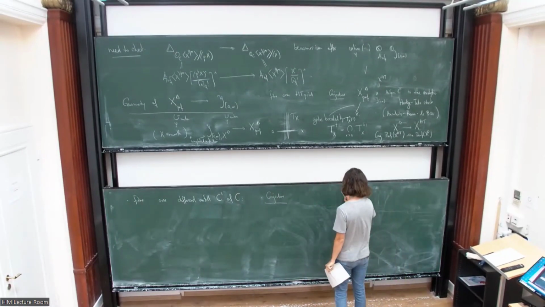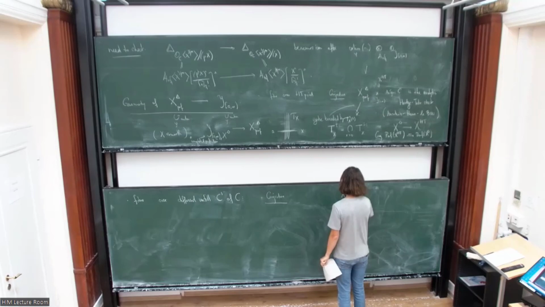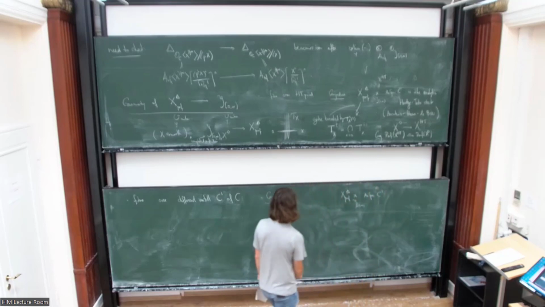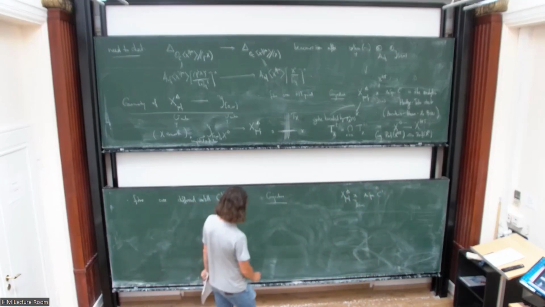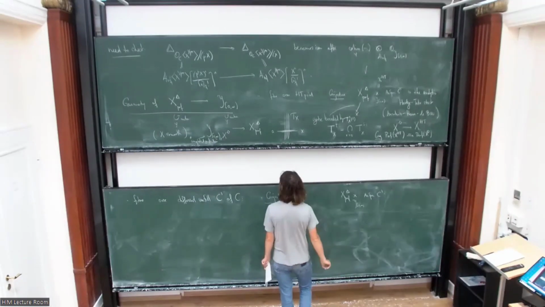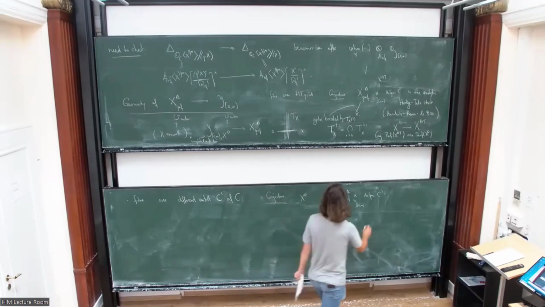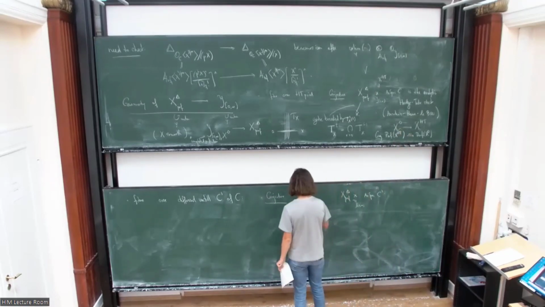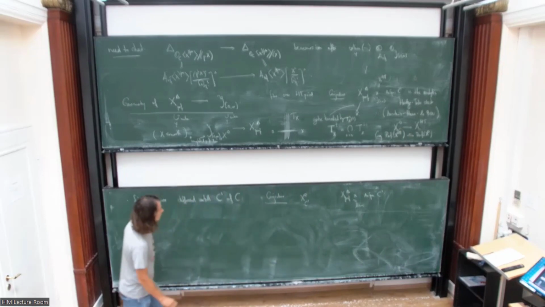So if I take a different C prime, then I somehow get an X diamond, and then realize again over C, but here I take X diamond and then realize somehow over C prime.